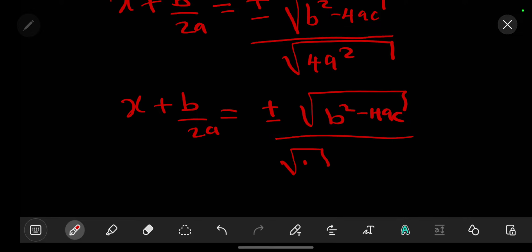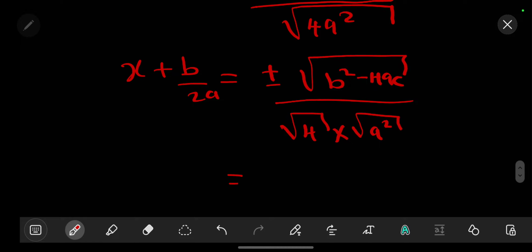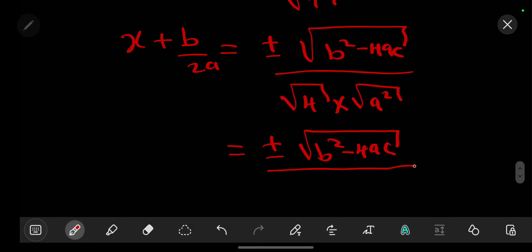It will be the square root of 4 times the square root of a squared. You can do this according to radicals. So we have plus or minus the square root of b squared minus 4ac. Then over the square root of 4, taking the positive is 2. The square root of a squared, this and this power cancel. So we are going to have 2a like that.